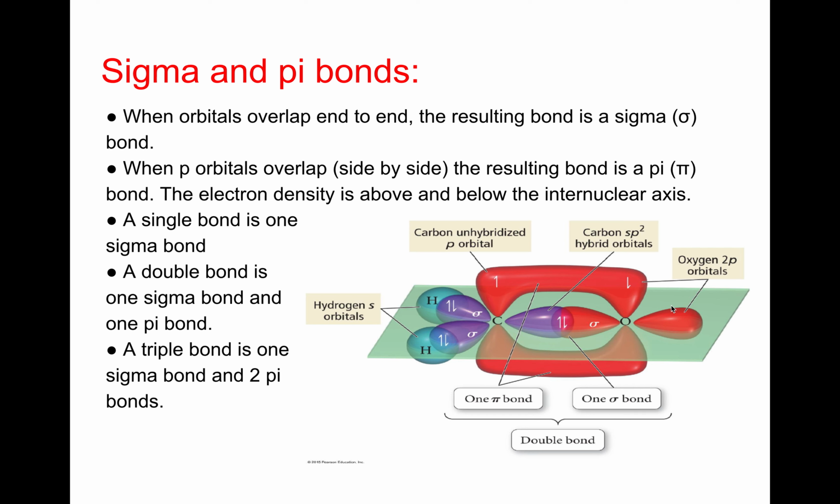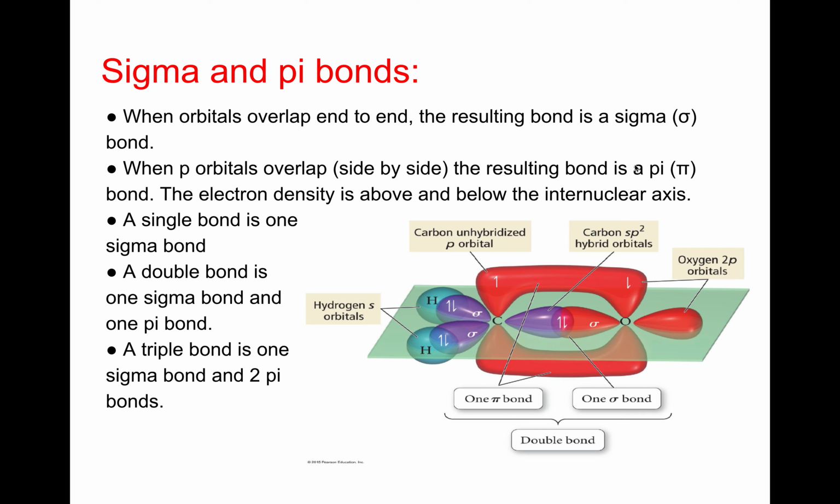Now, in these cases here, we also have an unhybridized p orbital. They are going to overlap side to side. Okay? The combination of a pi bond and a sigma bond yields a double bond. These are single bonds, these are double bonds.